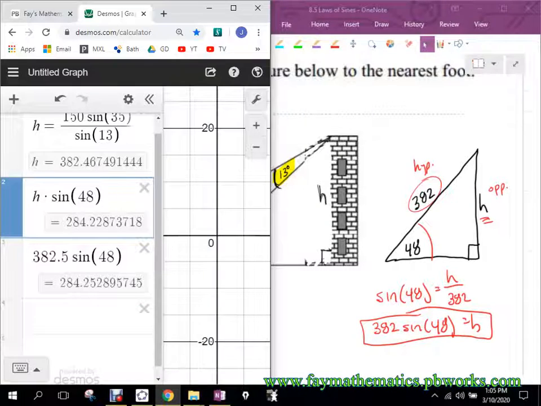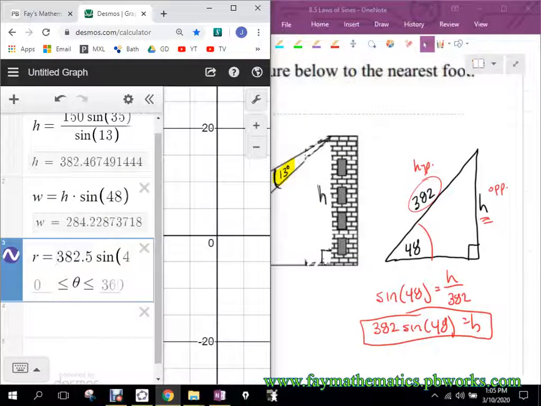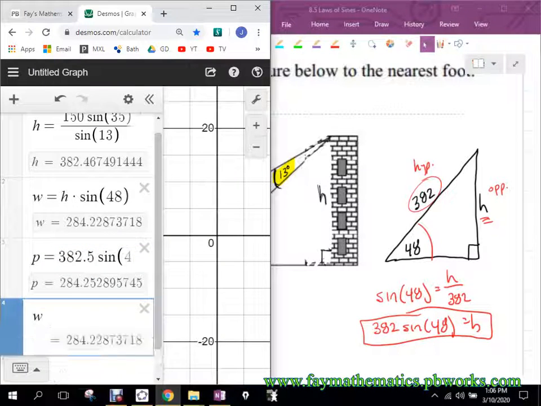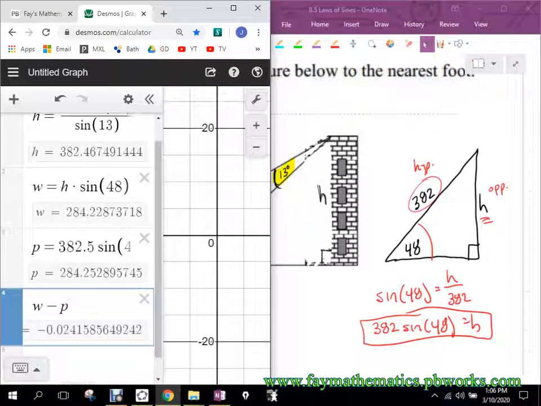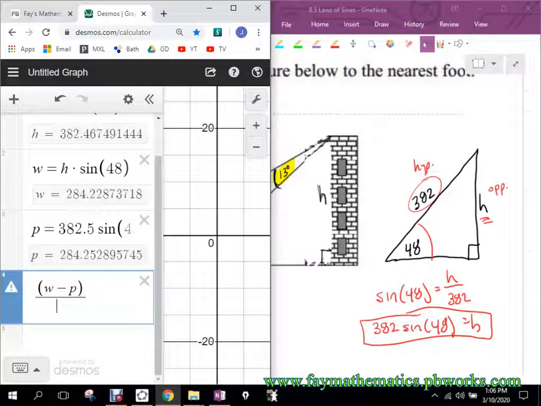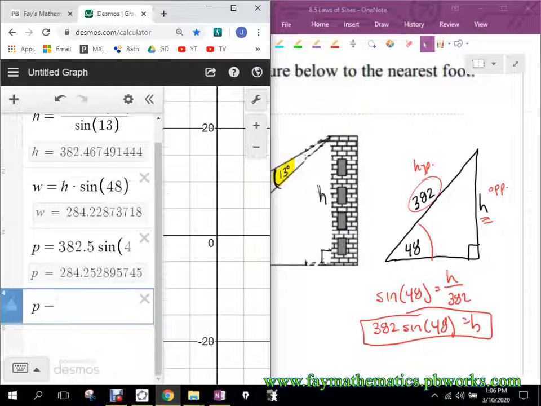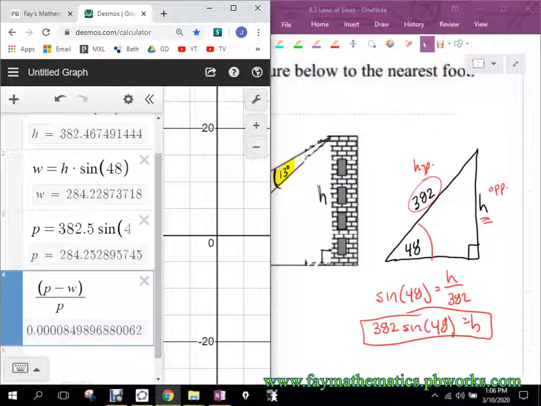So let me call this W. Let me call this P. So if I go P minus W, divided by P, we get some error there, yes?